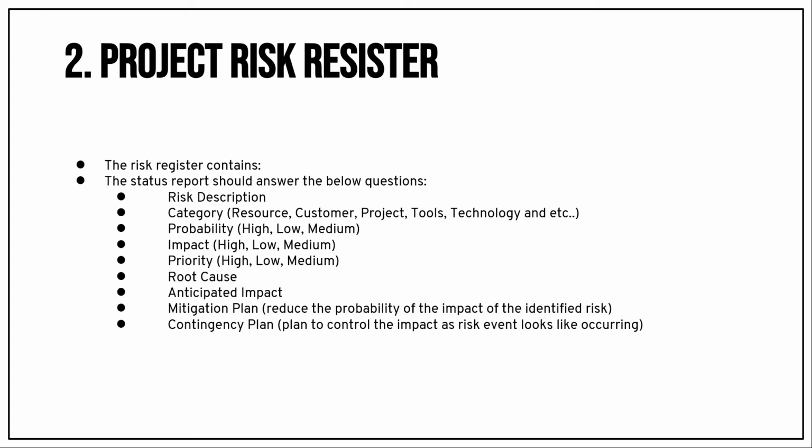For example, when we know that the integration is not happening with some third party application, and we are about to complete the development and do the integration testing, at that time we clearly know that the risk will happen.